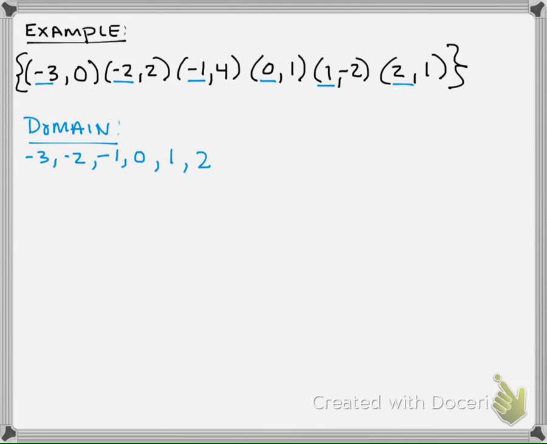So in red, let's underline all the values in my range. So the range are all 0, 2, 4, 1, -2, and 1. So those represent my domain and my range.